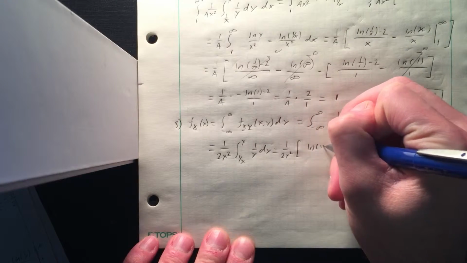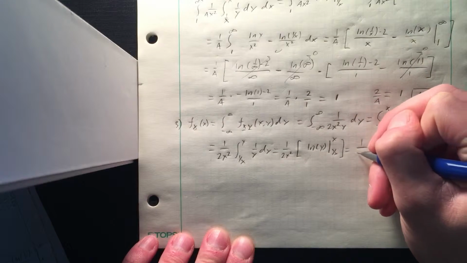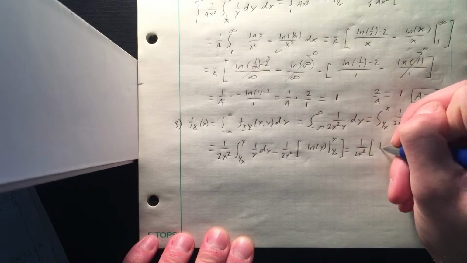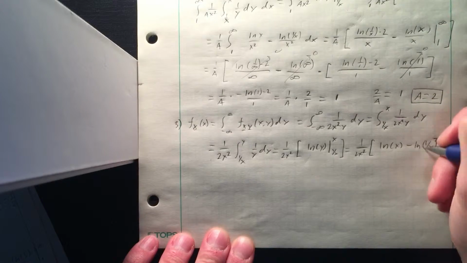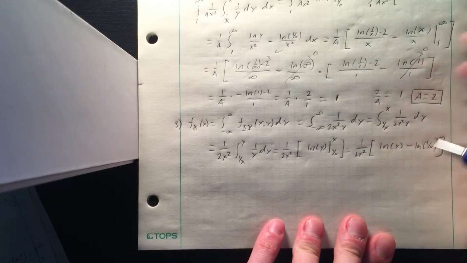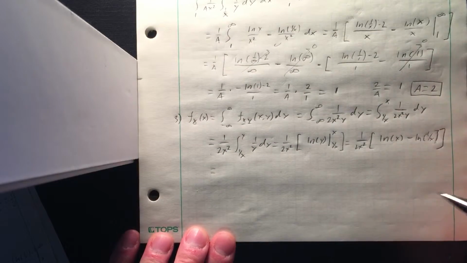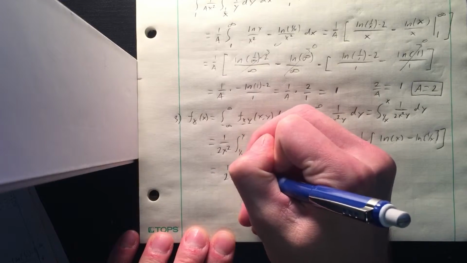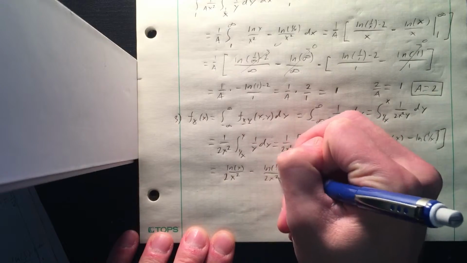So ln y from 1 over x to x is equal to 1 over 2x squared multiplied by ln of x minus ln of 1 over x. So that equals ln of x over 2x squared minus ln of 1 over x over 2x squared.